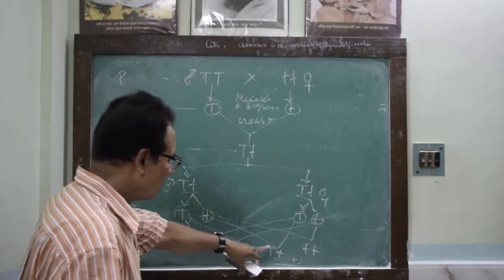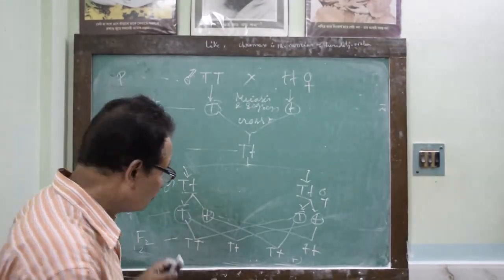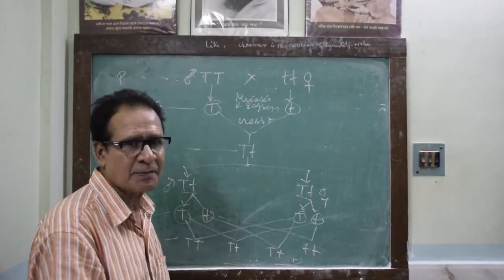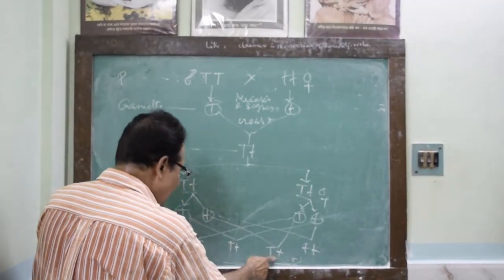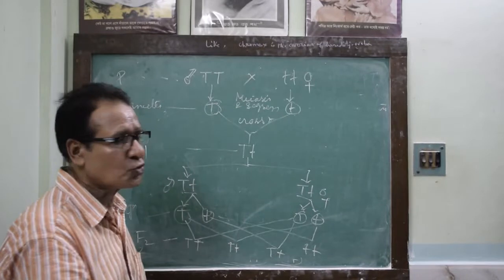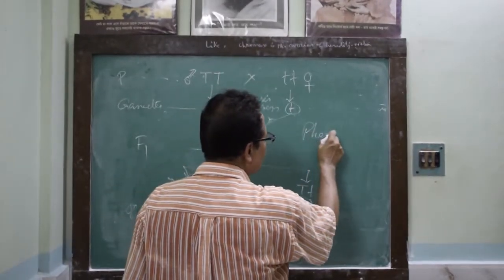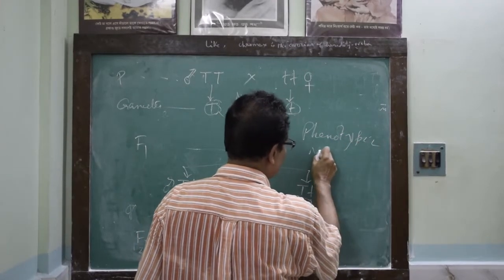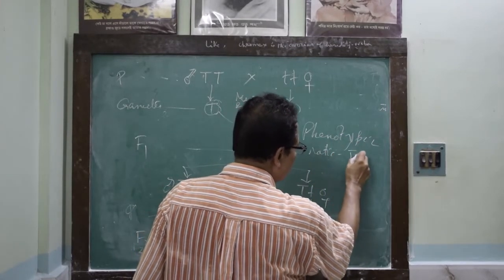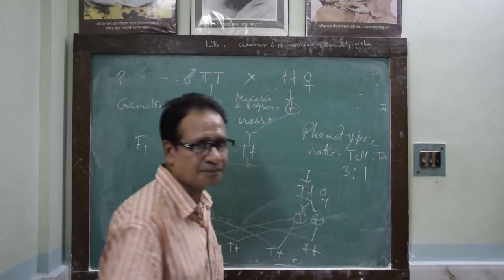From the F2 generation, he obtained two types of plant in phenotype, 3 parts tall and 1 part dwarf. So the phenotypic ratio, tall is to dwarf, equal to 3:1.